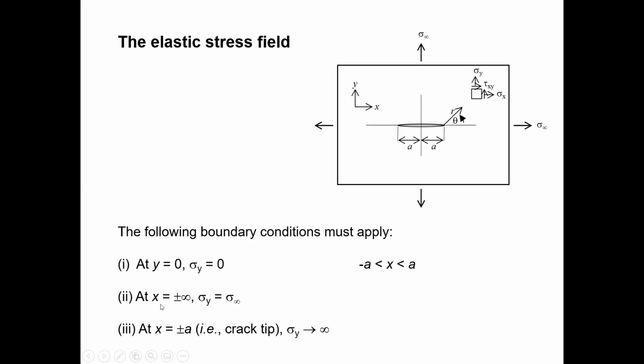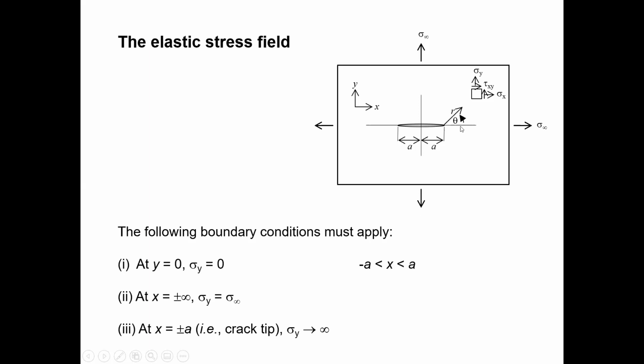And at x equals minus or plus infinity, that means this side or this side, you get sigma x or sigma y equal to the applied stress. That is another boundary condition.